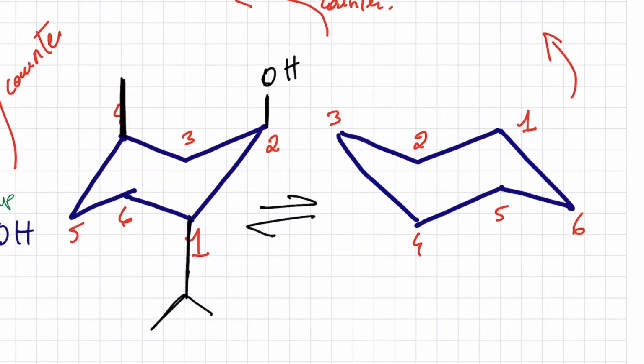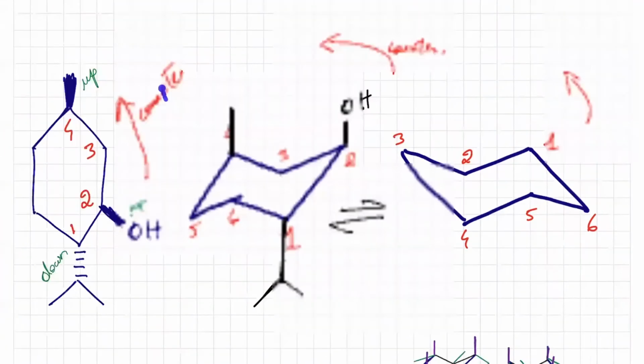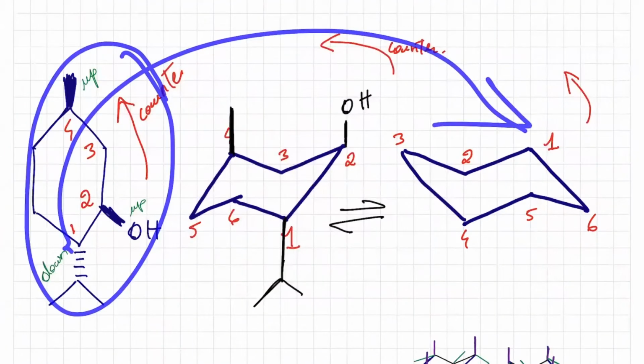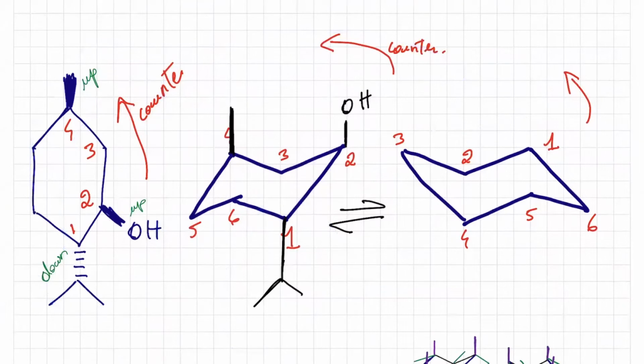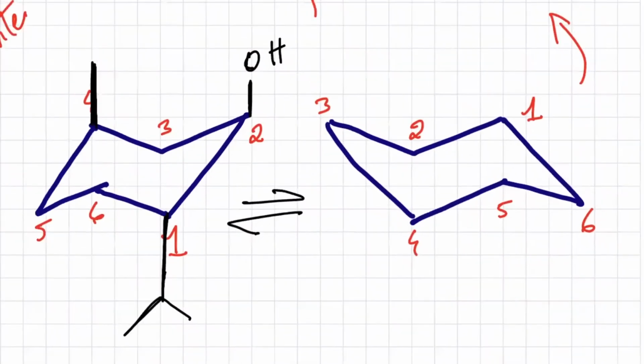Okay, so here again, we can look at this structure to do the same thing again, but for me, I like to look at this structure. If I'm sure of my drawing, why not? It's faster.